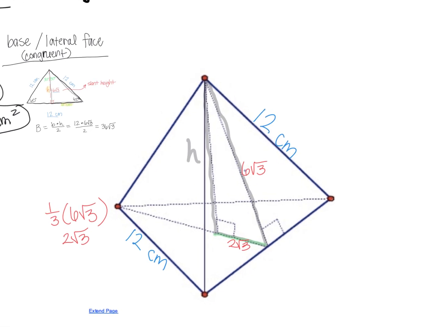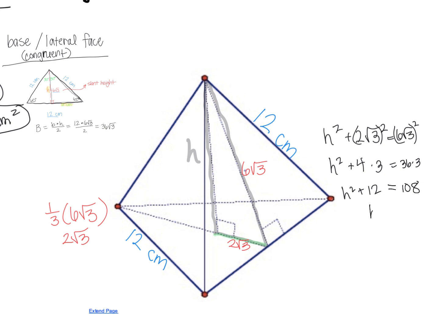So our setup would be h squared plus 2 radical 3 squared equals 6 radical 3 squared. And h squared is just h squared. 2 radical 3 squared is really going to be 4 times 3, or 12. 6 radical 3 squared is really going to be 36 times 3, or 108.